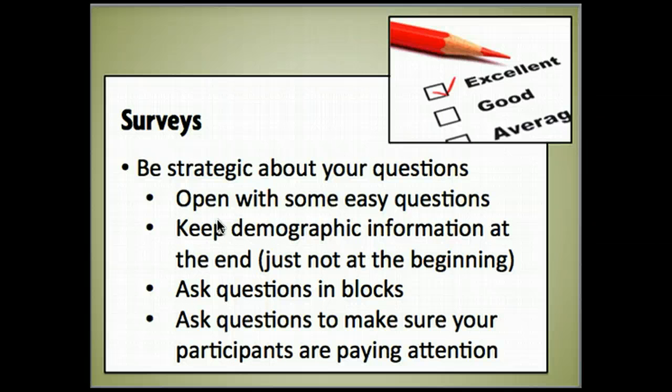You'll notice that I did not say open with demographic information. A lot of times you want to keep demographic information at the end of the survey, not at the beginning. Asking people to identify their gender or sex, their race or ethnicity, their age, their income level, sometimes those questions can be a little off-putting, and people feel uncomfortable answering them right away.